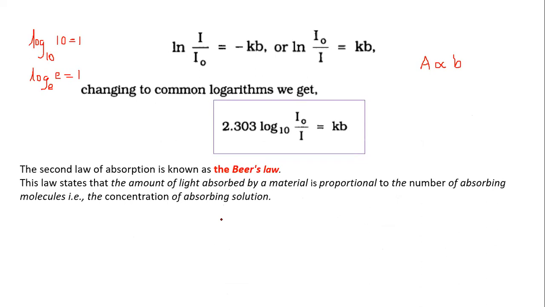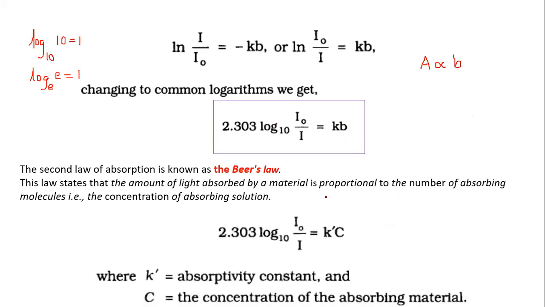So can I not, in a similar manner, like I proved it for thickness, that absorption is directly proportional to thickness, say this for concentration as well and get to the same relation?